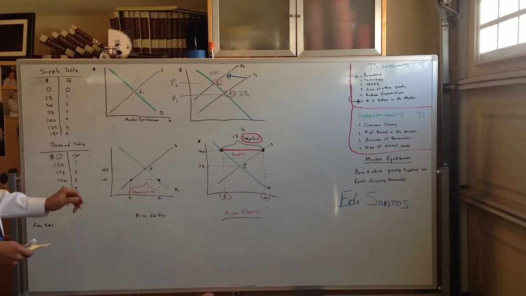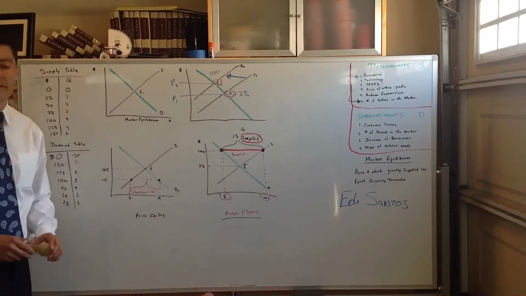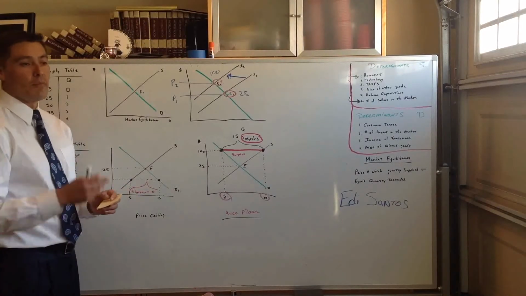Now let's talk about a shortage. What is a shortage? Typically a shortage is when the government gets involved in pricing a product either above or below equilibrium.